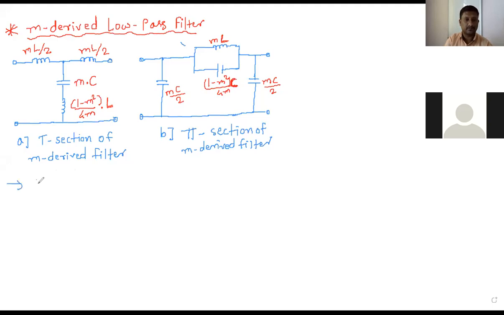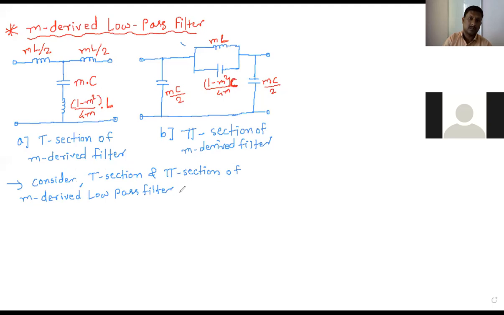Consider the T section and pi section of the M-derived low-pass filter as shown in the figure above.